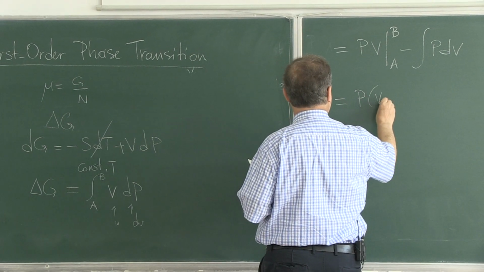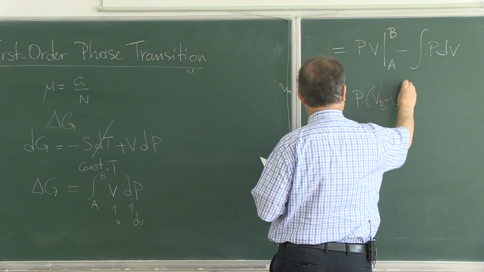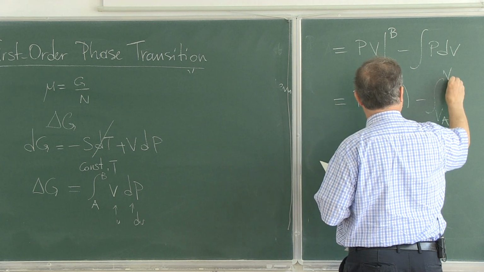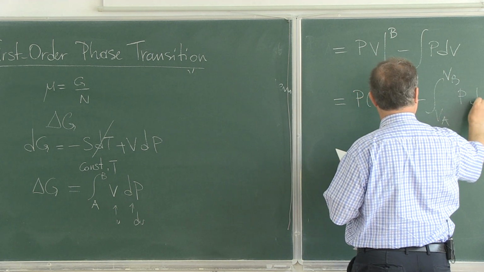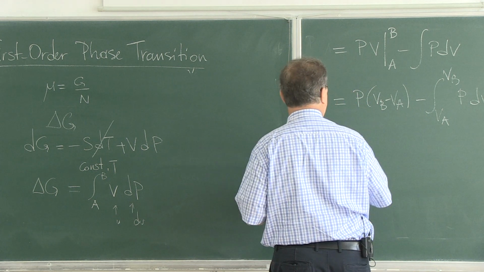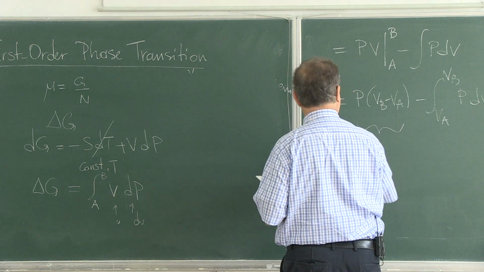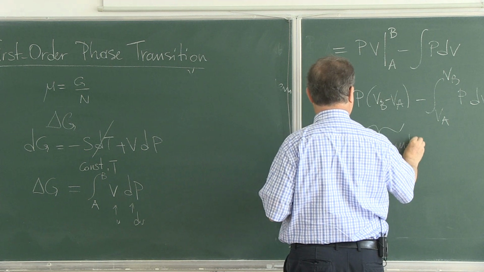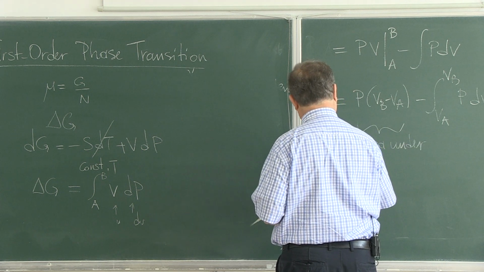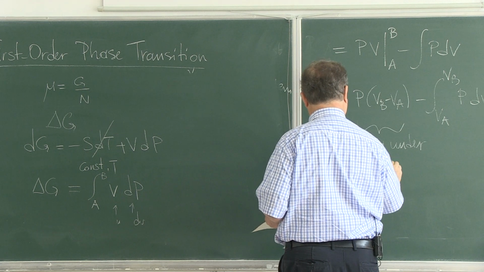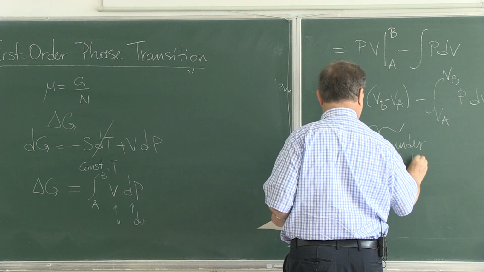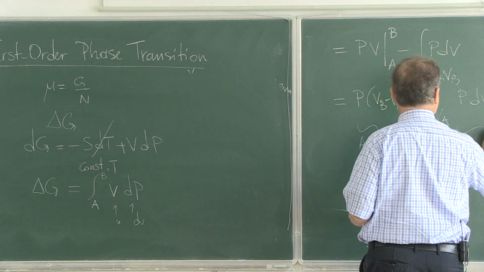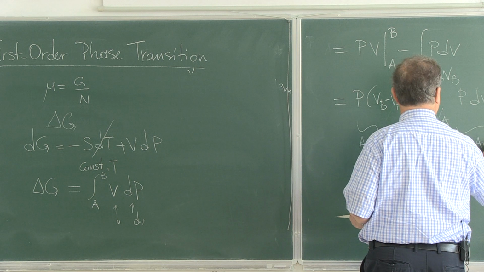P times (VB minus VA) minus the integral from VA to VB of P dV. Well, this is exactly the area under the straight line. This is the area under the van der Waals curve.